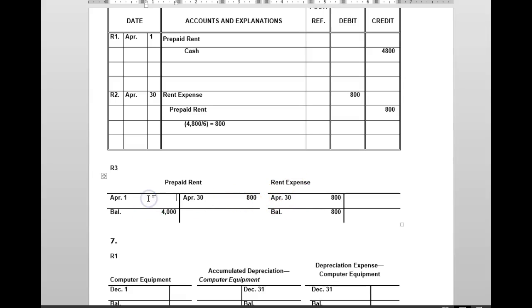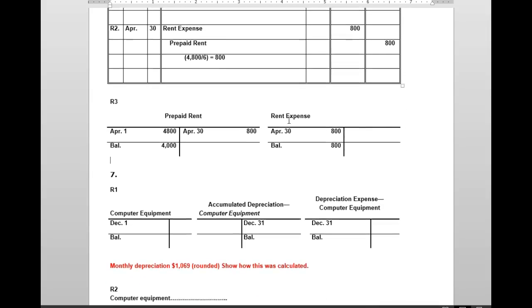This started out at $4,800, so $4,800 was our initial entry. We credited it on April 30th for $800, and we have a balance left of $4,000. In the rent expense, we now have a balance of $800. So that will seesaw its way out until it's all used up, and then you will probably rent it again and record that as a prepaid.